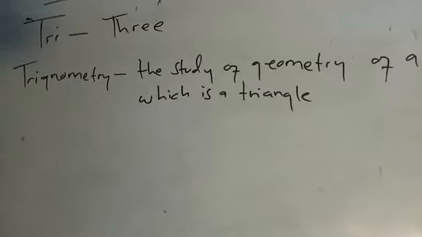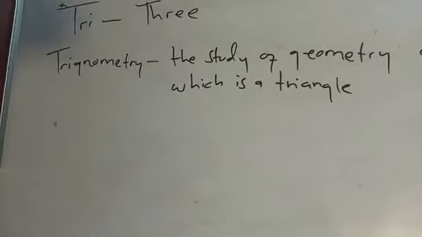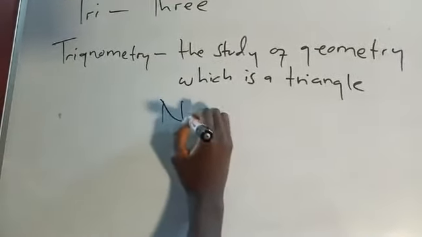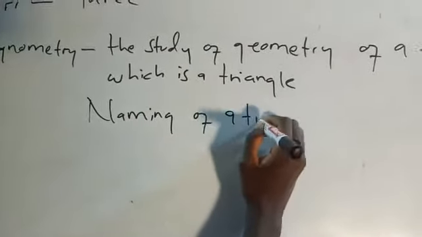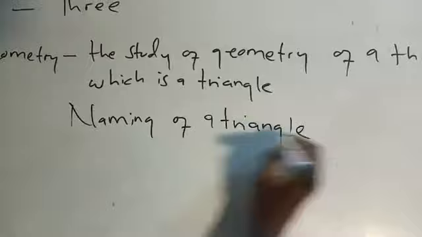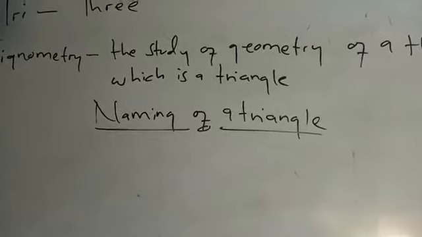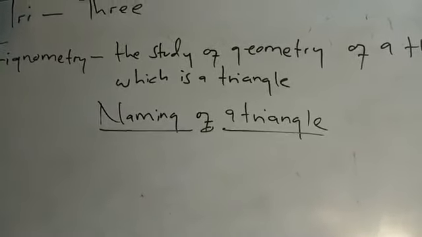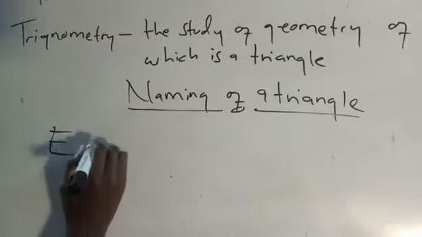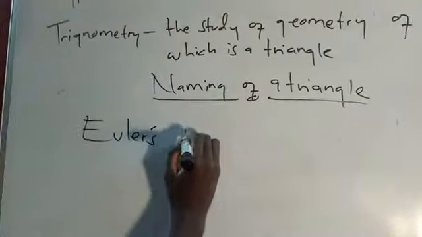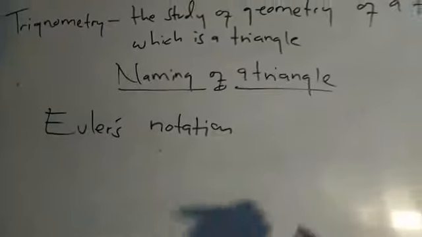And then after, let's look at what we call naming of a triangle. In naming a triangle, we undergo what we call Euler's notation, and it looks like this.